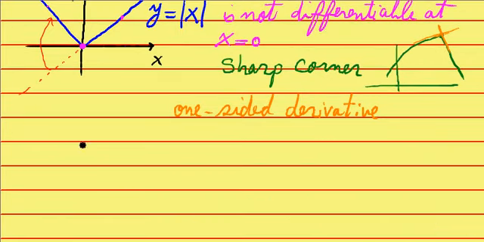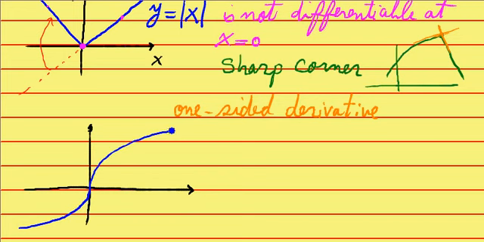Here's another example, which is totally different than that one. A function could behave like this. On the first look at this function, there isn't any problem with it.